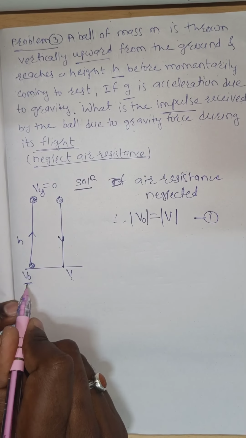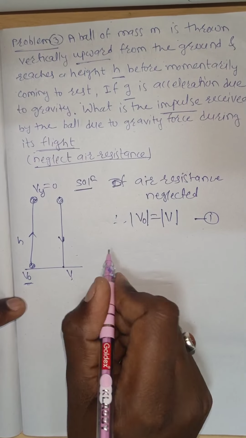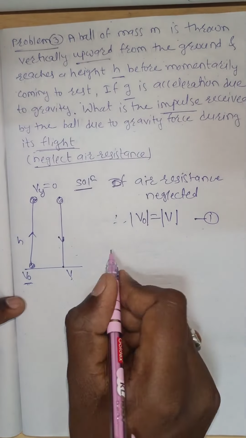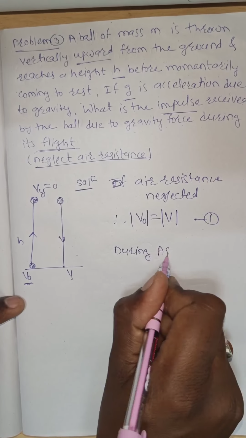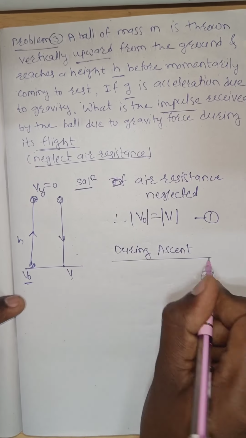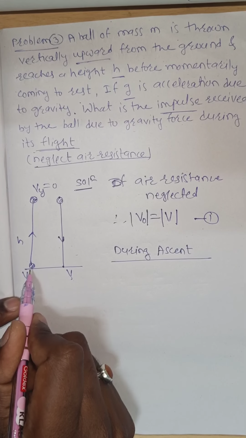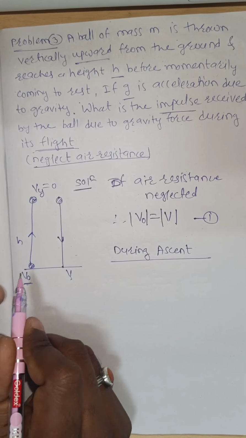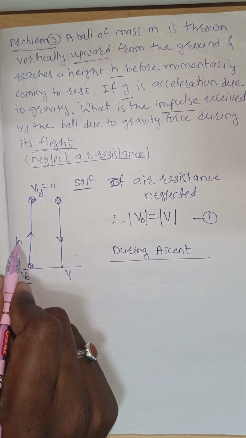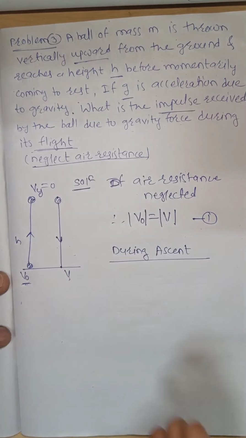Now we have to find the initial velocity. During ascent, that is when the ball starts from the initial position and reaches the maximum height, the ball travels a distance h.